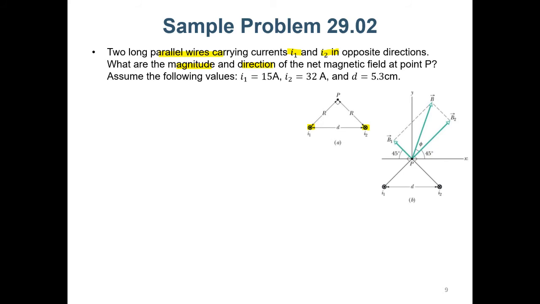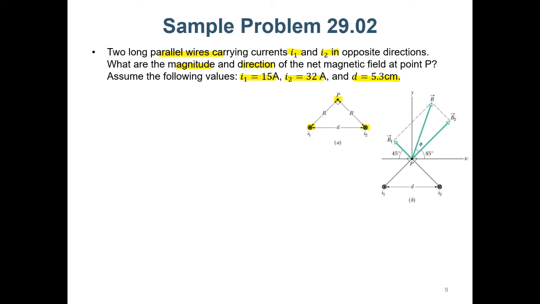And it asks you the magnetic field at point P generated by I1 and I2. So assuming the following values, I1 is 15 A, I2 is 32 A, D is 5.3 centimeters.